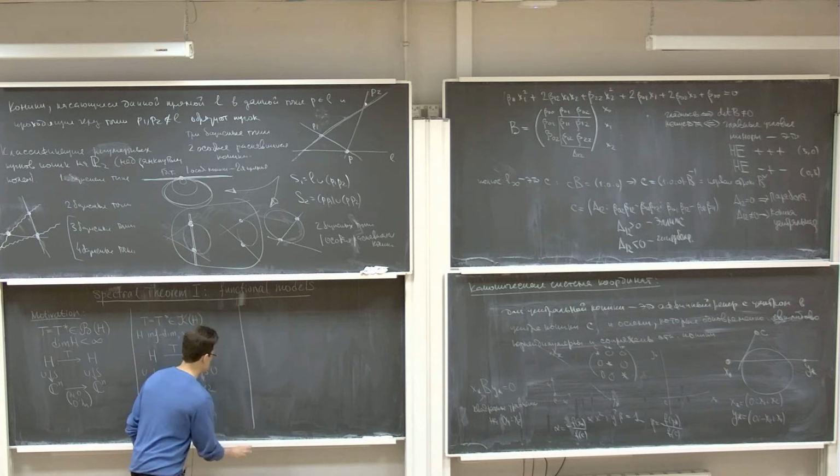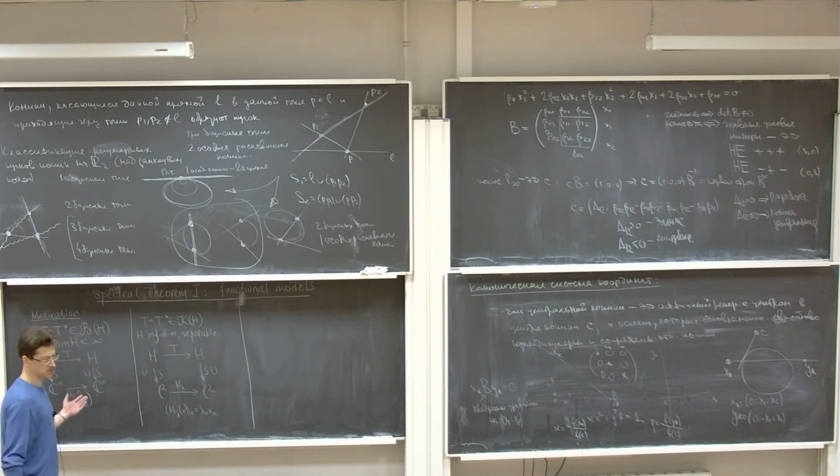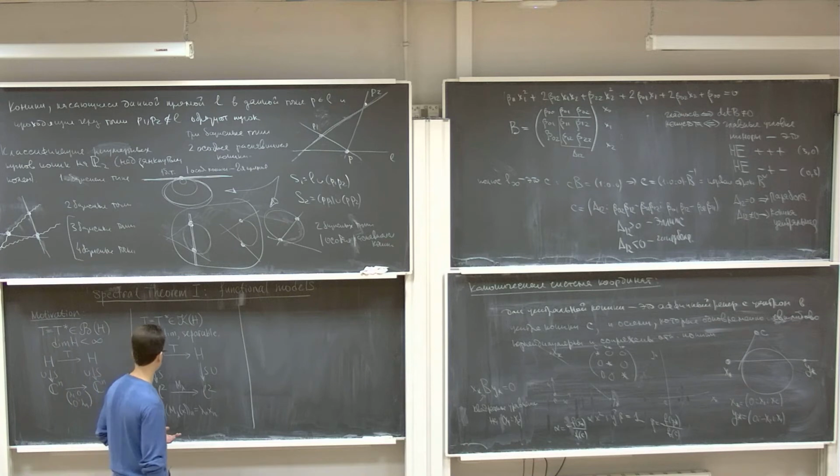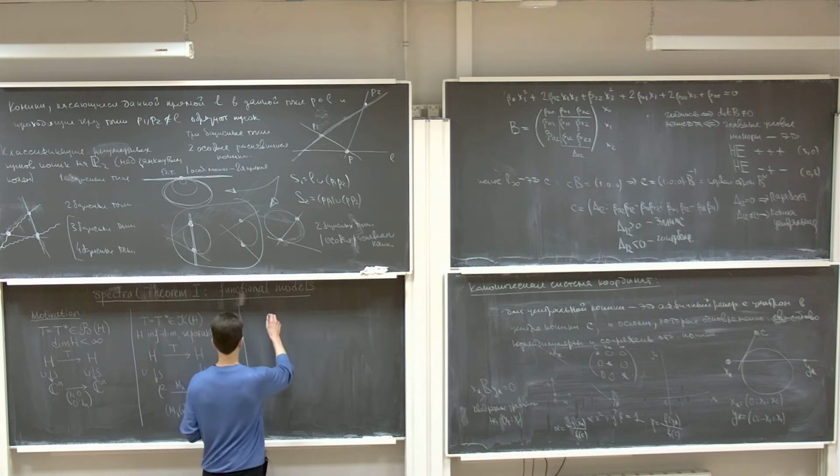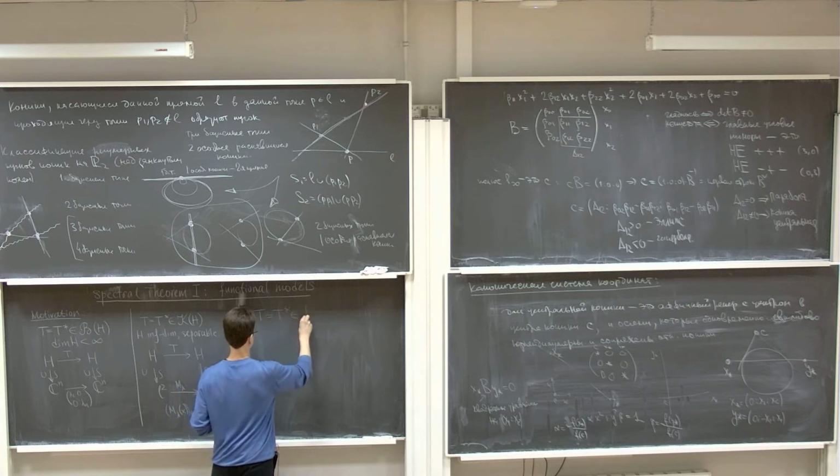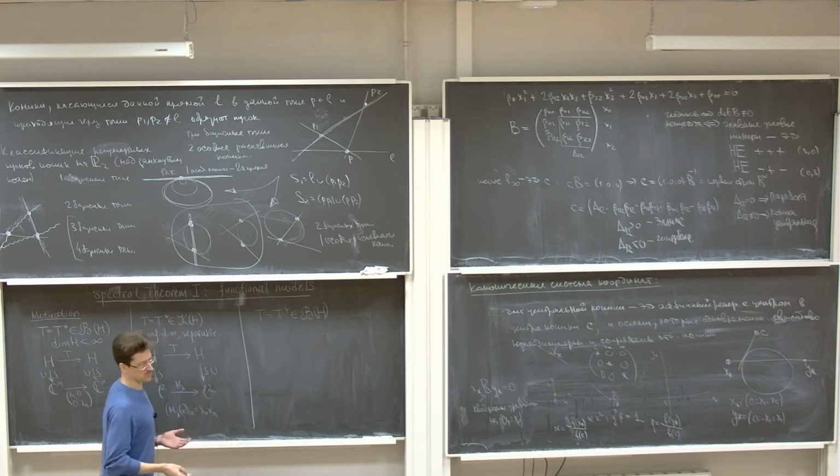So what we're going to do is to extend these results to an arbitrary self-adjoint, and in fact not necessarily self-adjoint, but an arbitrary normal operator on a Hilbert space. So suppose, for simplicity, that T is self-adjoint and H is an arbitrary Hilbert space.